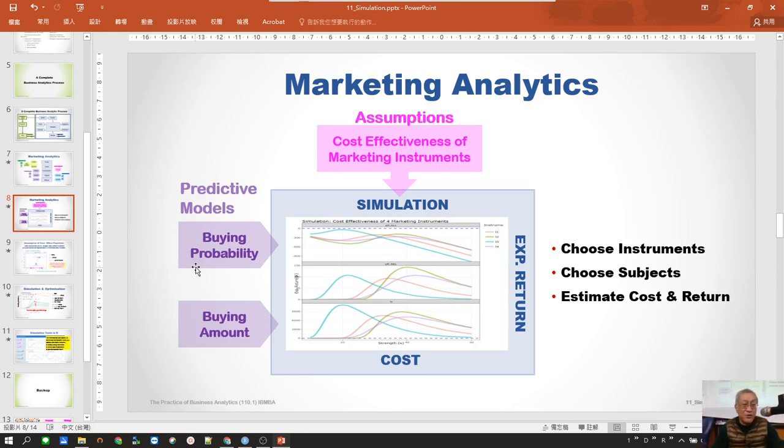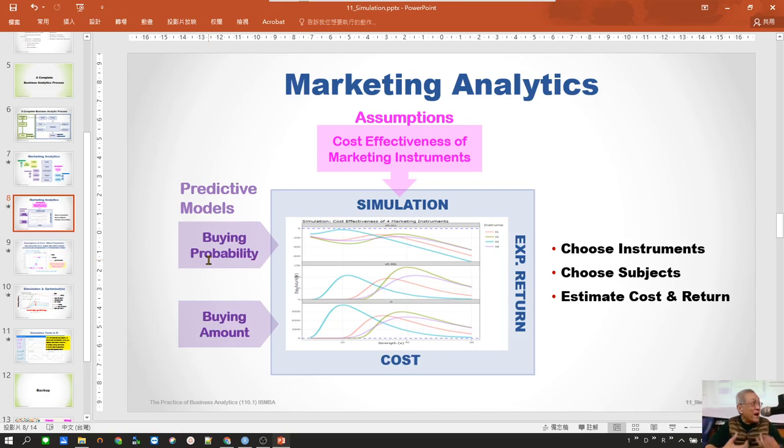The first model is to predict the buying probability. For each of your customers, you can predict the probability that this customer will buy from us next month. Because you already have the buying history, you can use the historical data to predict whether or not each customer would buy from us.